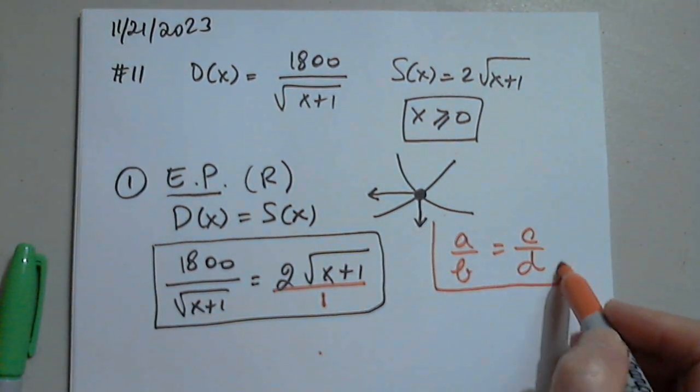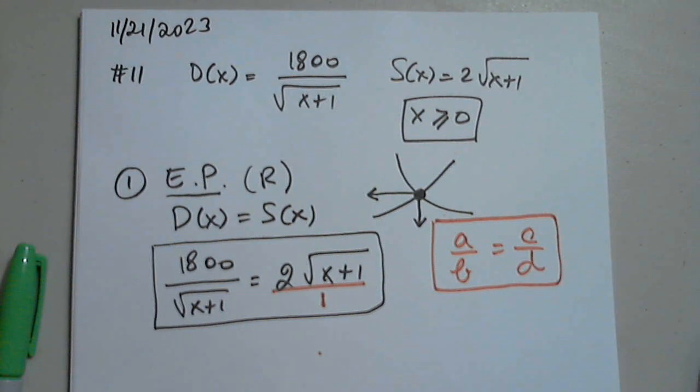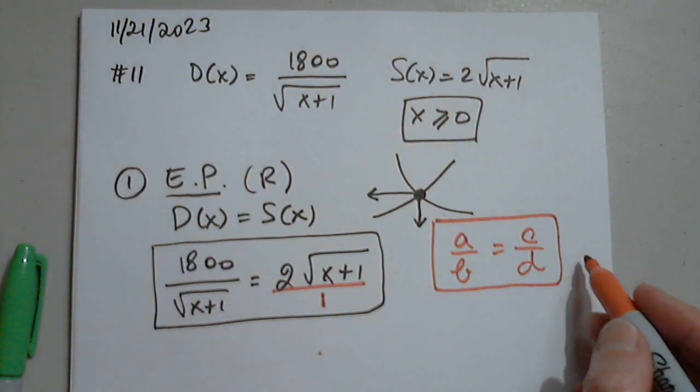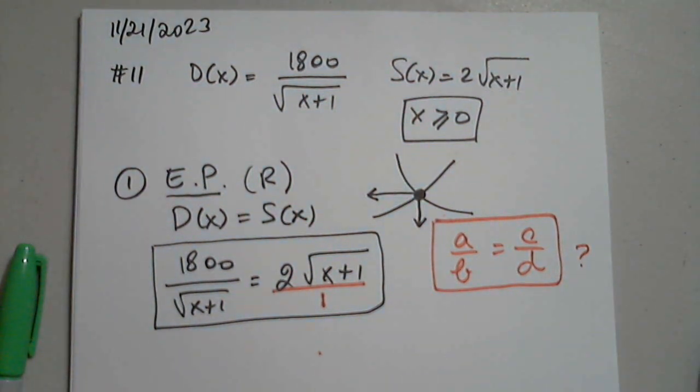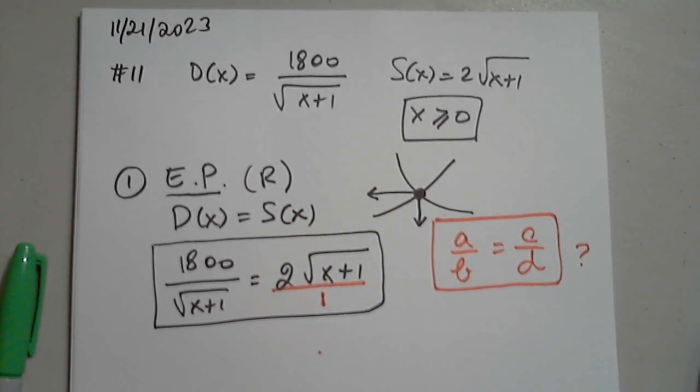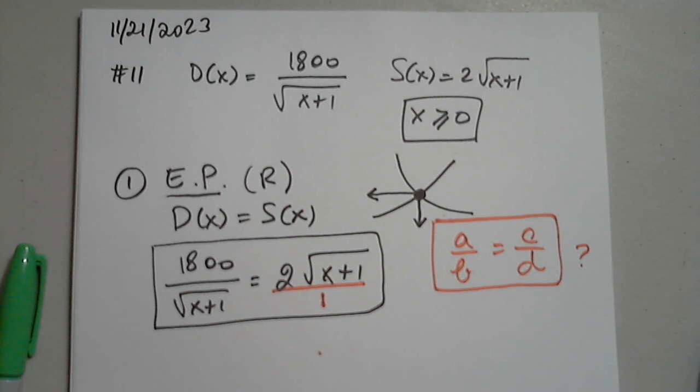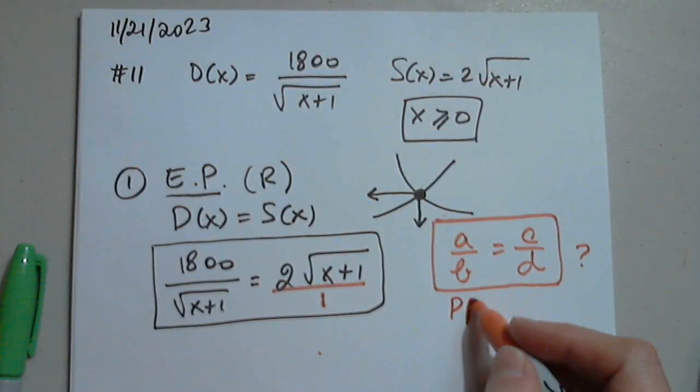How is this called, and how do we proceed? Anyone remembers the name of this? Anyone? So this is a proportion.